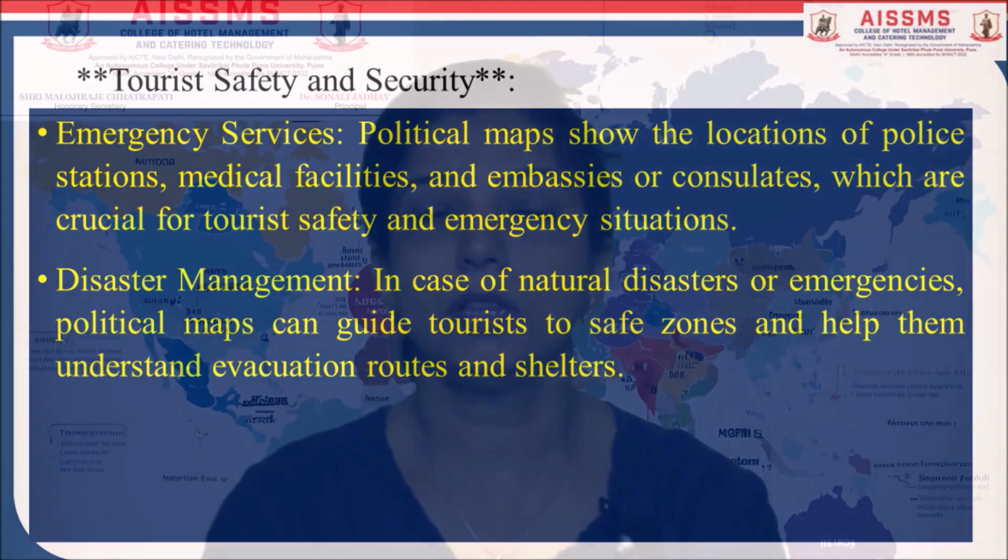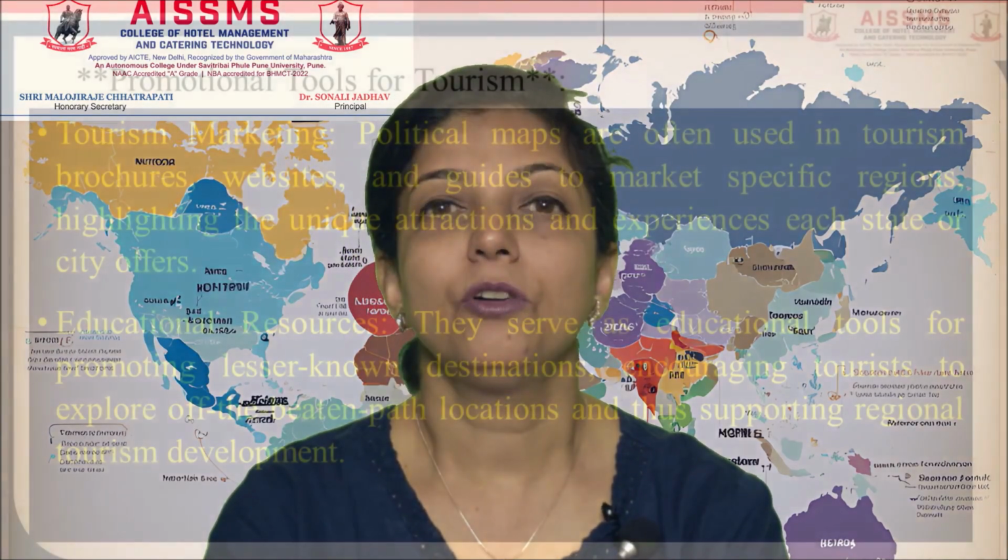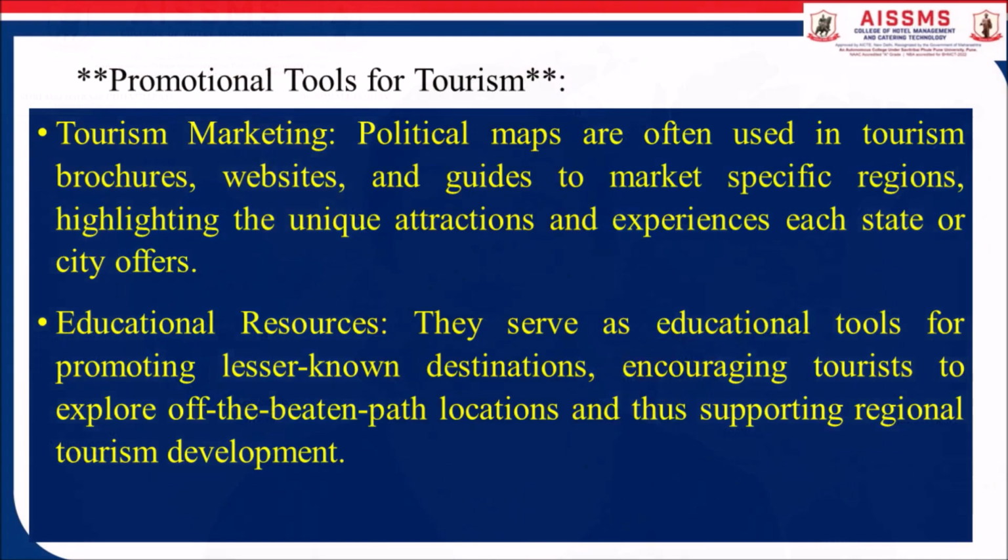Not only all these important things, but a political map may also be used as a promotional tool for tourism. Tourism marketing is an extremely important concept and is widely used, and maps play an important role there. Let me give you an example of Kerala and the promotional tools for tourism using political maps.